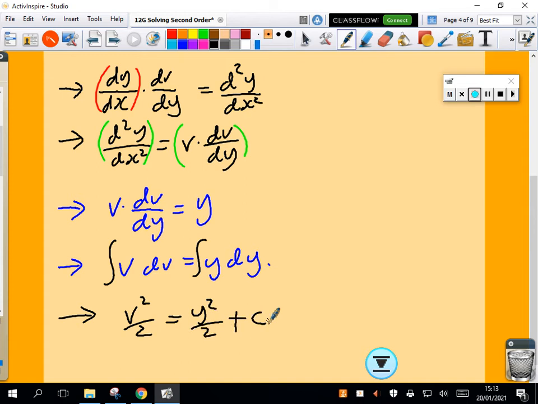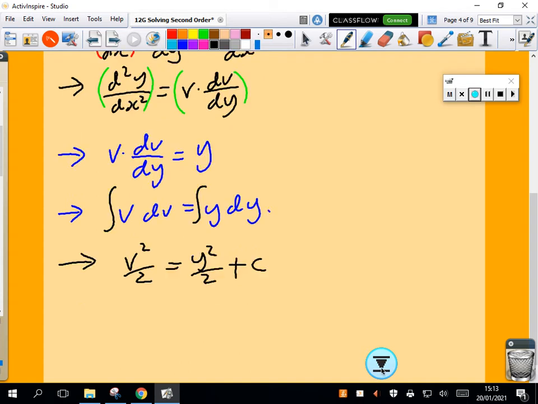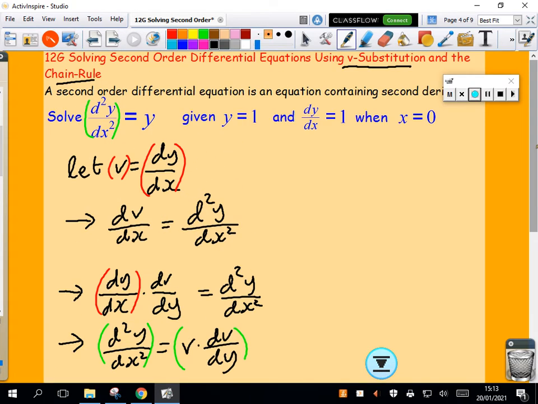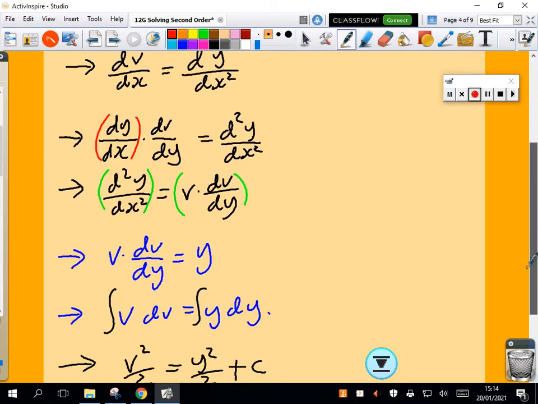In order to find a particular solution, I've got to examine my initial conditions. So go back to my question here. What do we know? We know that v is equal to dy/dx, and we know that's equal to 1 when y is equal to 1.